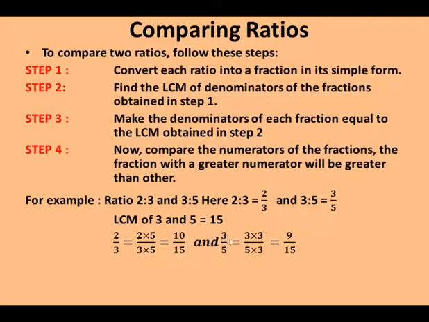Now we can compare the numerators, as the denominators are the same, 15 and 15. So numerators 10 and 9. So 10/15 is the greater ratio. Since 10 is greater than 9, 2:3 is greater than 3:5. In this way we can compare ratios.